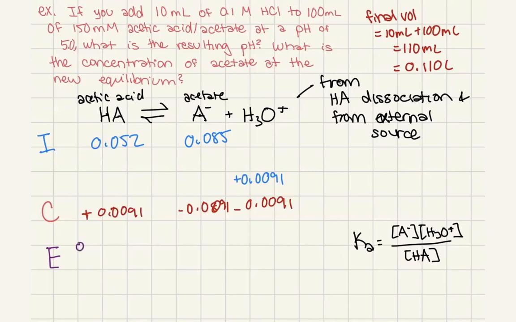Basically, we're just going to have 0.052 plus 0.0091 for the acetic acid. For our acetate, we'll have 0.085 minus 0.0091. And for our H3O+, that's all going to react, giving us 0. But note that this really isn't actually 0. It's going to be a small number.